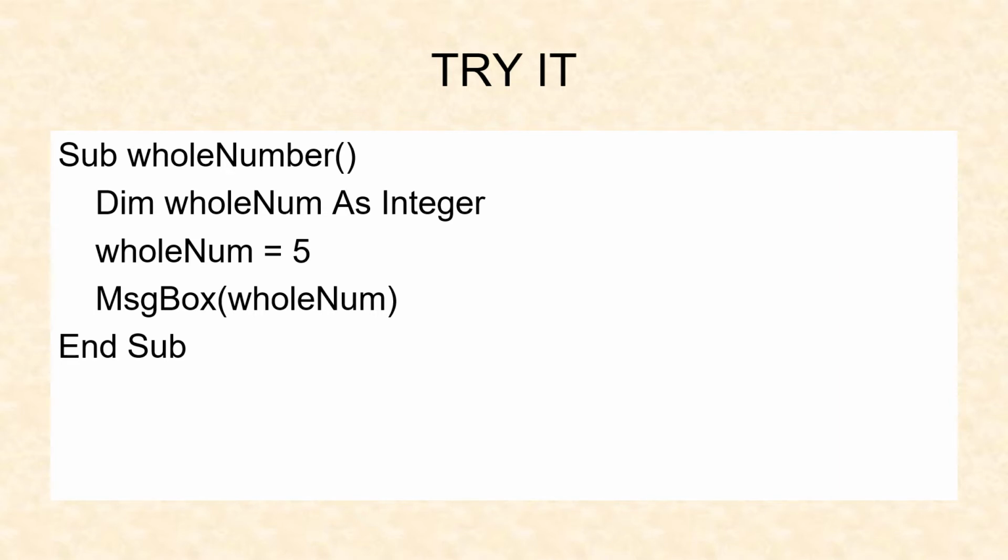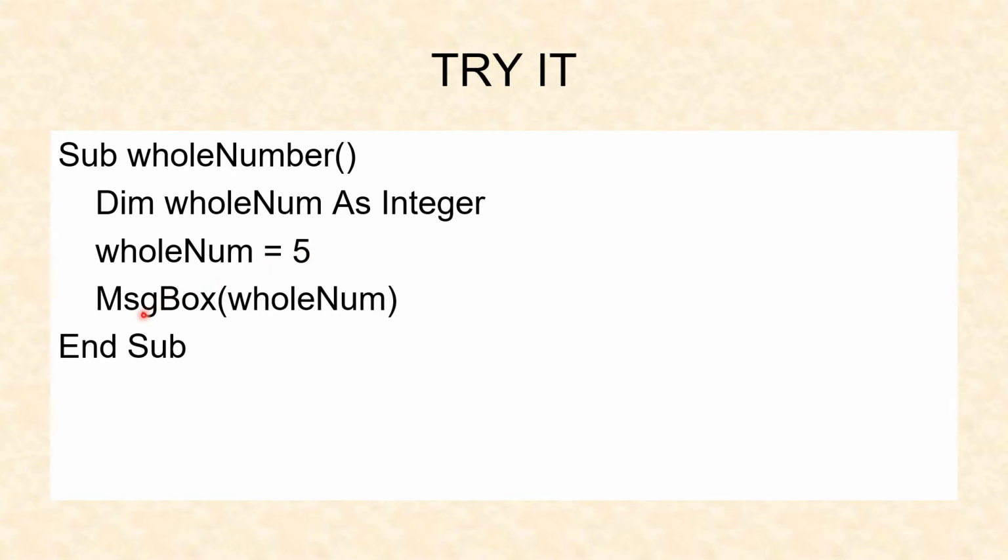So I created a subroutine and I called it whole number. And I said the dimension, the dim statement, I called the variable whole num. I said a whole number is going to be an integer, so I declared it as integer. Then I said let whole num equal, and I just came up with the number 5.